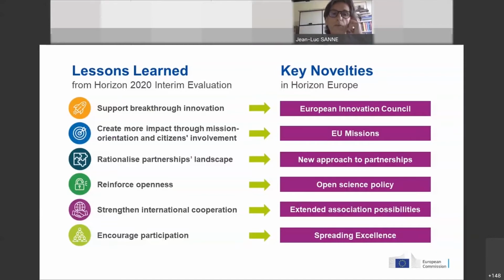Second thing is that we thought that there was something necessary for addressing directly citizens' needs, and we have the EU missions. We try to also rationalize the landscape for partnerships. We reinforce openness of science, extend the possibilities for international cooperation, and encourage participation through spreading sciences.